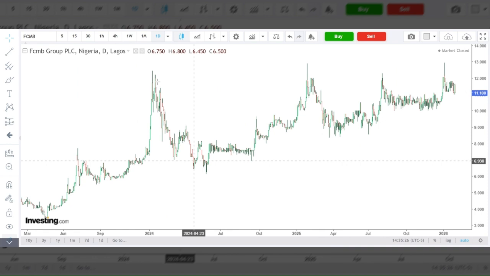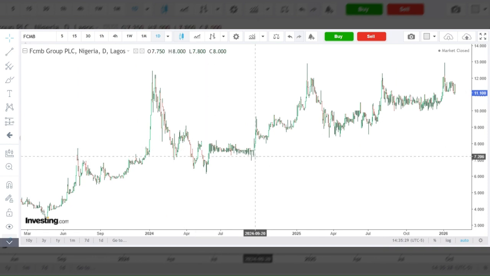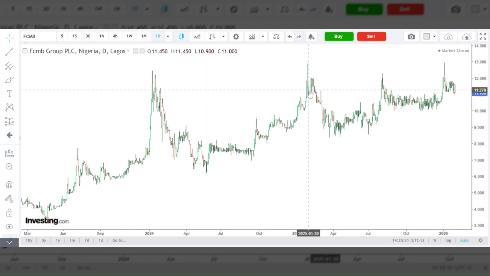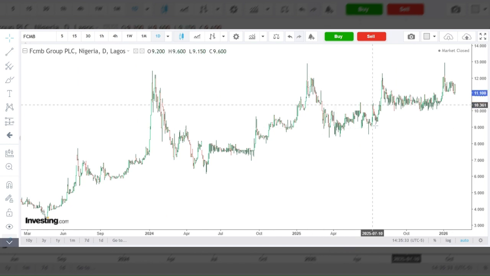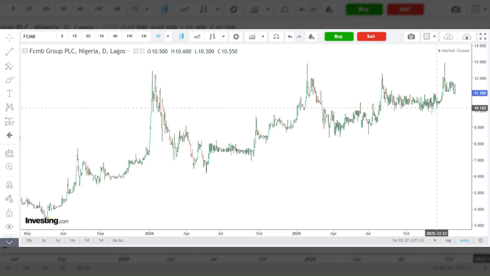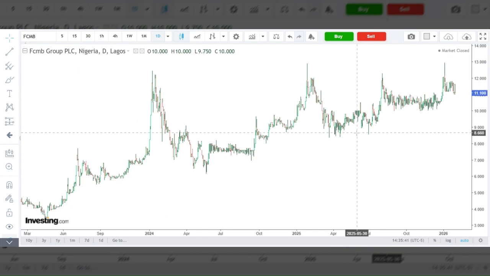This is a downtrend here, side trending, uptrend, downtrend. This is another side trending. This is uptrend. This is another side trending, and now this is another uptrend. This might be another side trending era. So just looking at the overview of how the stock has been over the past couple of years will give you an idea of where to start your stock analysis.